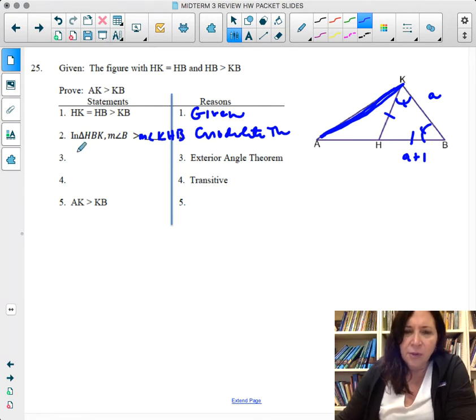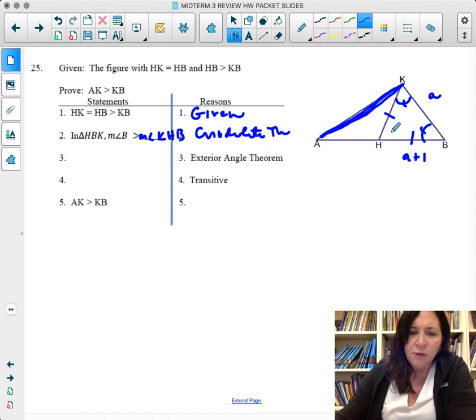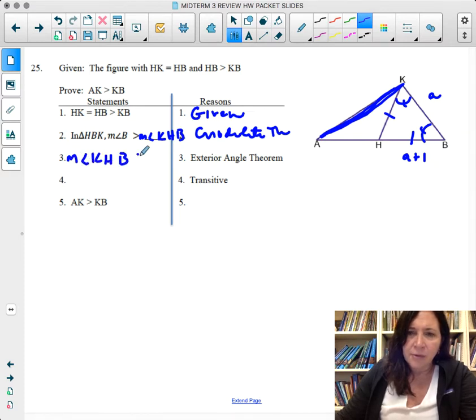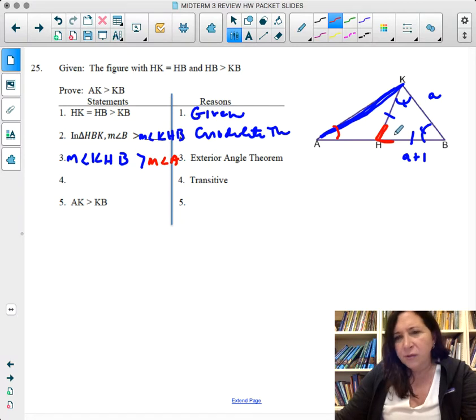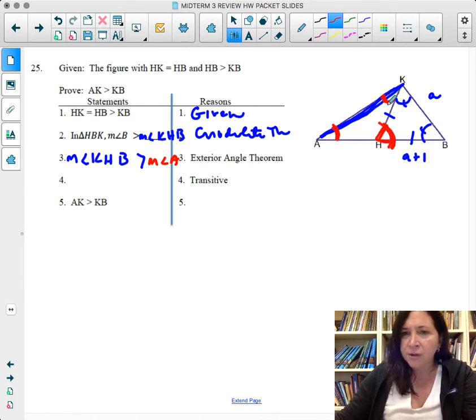The exterior angle theorem basically says that if you have, for example, angle KHB, it is greater than this angle right here. This angle is greater than angle A. And the reason why is because remember, one exterior angle is equal to the sum of the two remote interior angles.